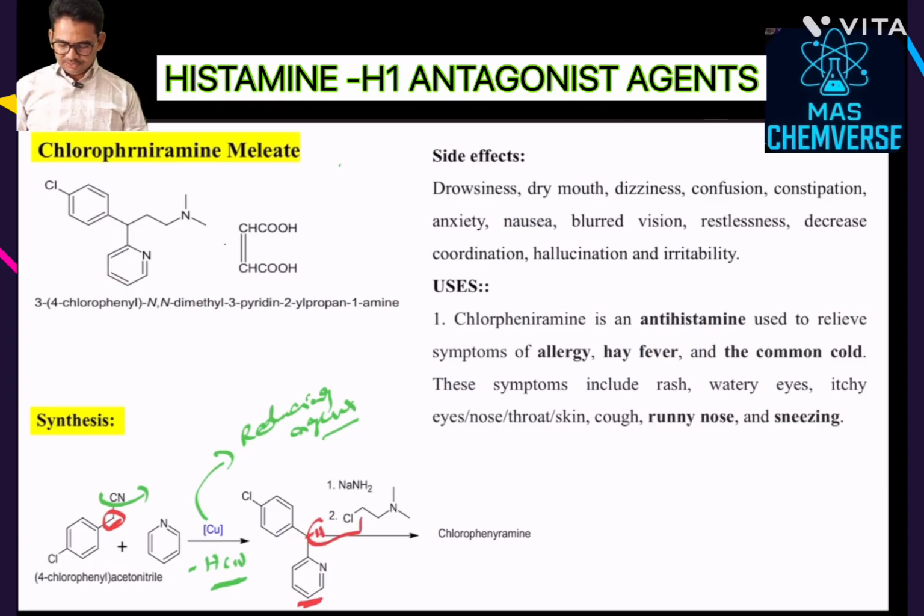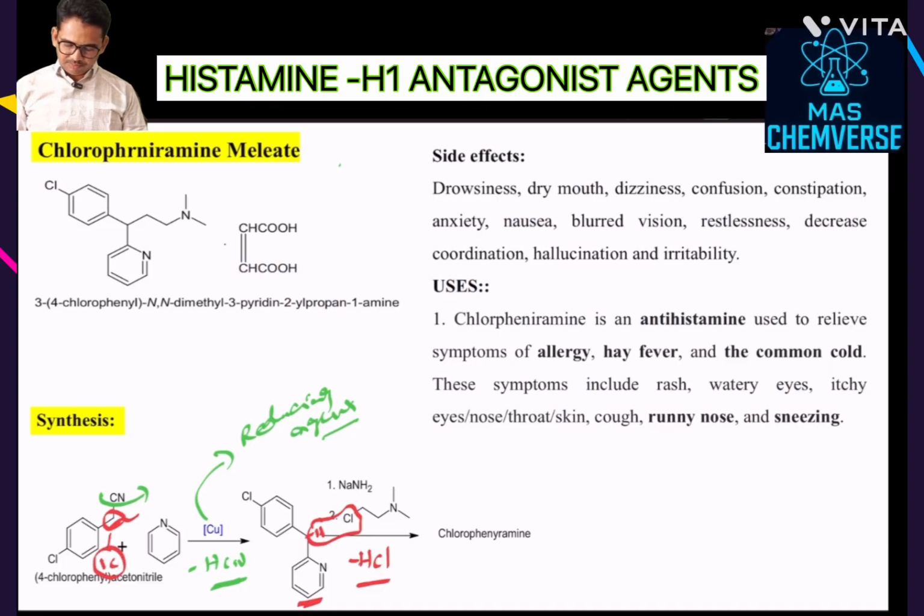Now this hydrogen combines with this chlorine, then it will be relieved in the form of HCl, because this is the side chain. Dimethyl, already 1 carbon is here, 1 carbon is there. 1 carbon is present in this structure.